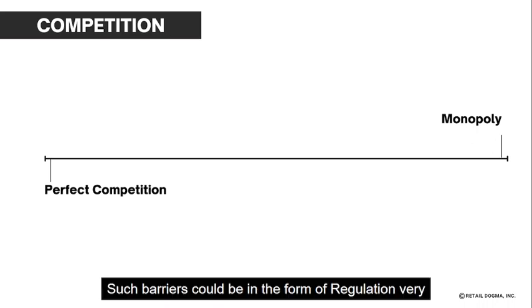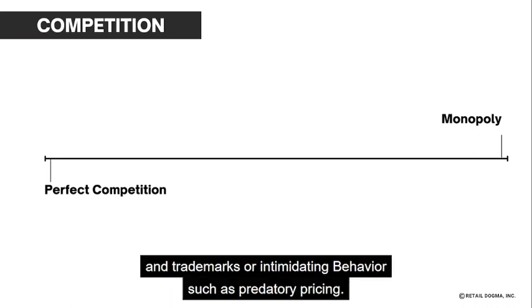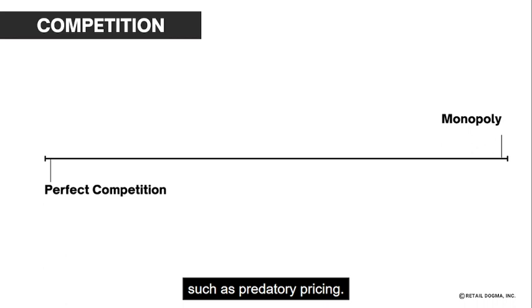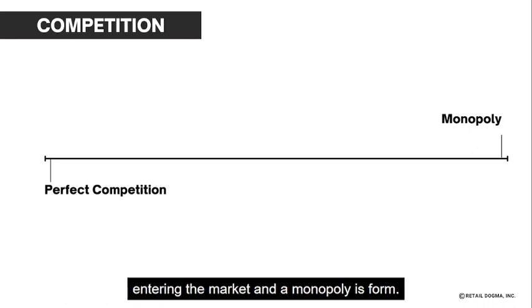Such barriers could be in the form of regulation, very high capital investment to start the business, control over a scarce physical resource, patents and trademarks, or intimidating behavior such as predatory pricing. When these barriers are enacted, they prevent others from entering the market and a monopoly is formed.